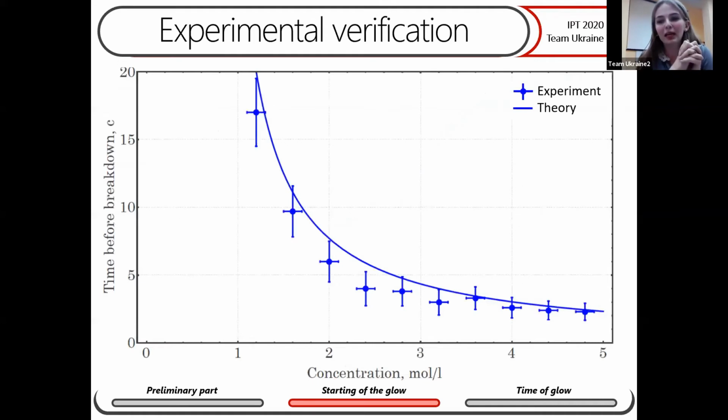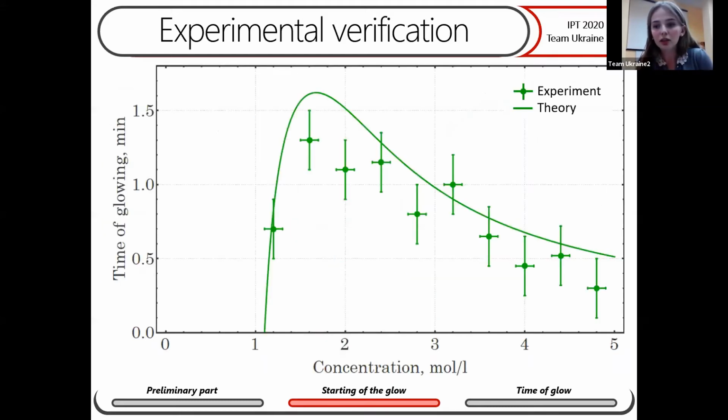We see that the time before breakdown decreases with concentration. This is due to the appearance of Joule heat, and at low concentration the current is insufficient to burn out the gap and break down.